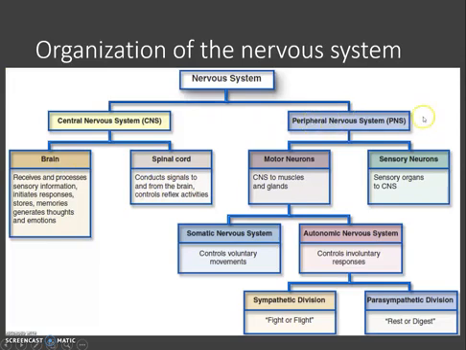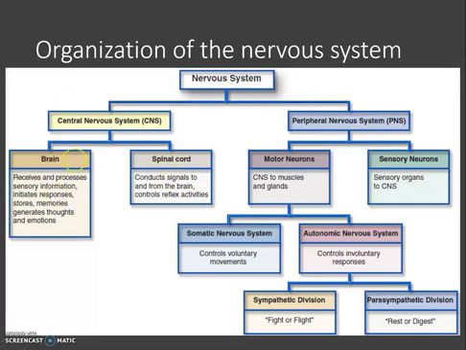So the peripheral nervous system is made up of neurons. There are sensory neurons that originate in sensory organs such as the eye, the tongue, the ear, the skin, and they send signals through nerves through the spinal cord to the brain.